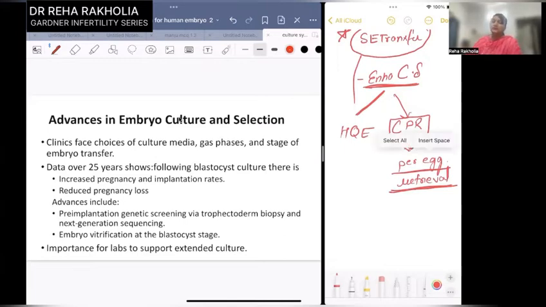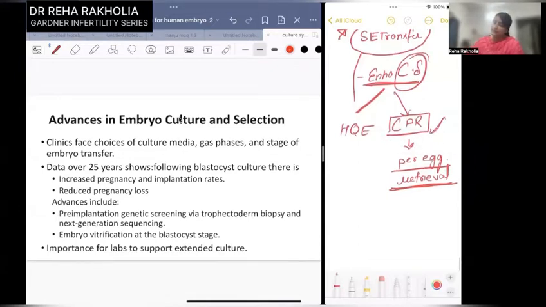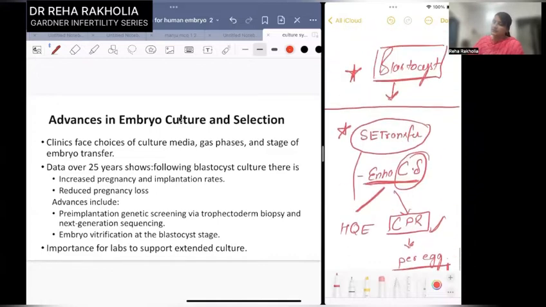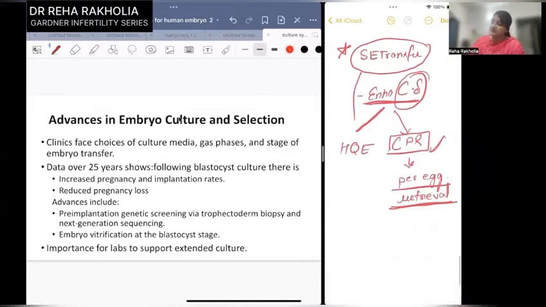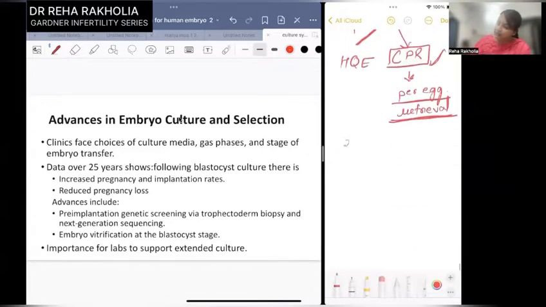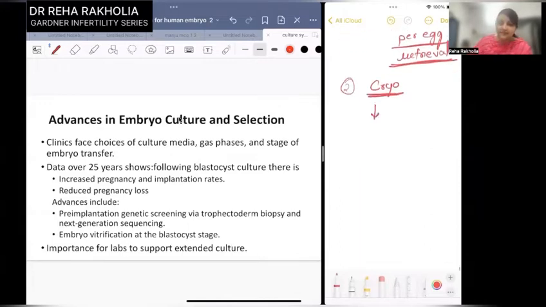Then this culture system also has an effect on cumulative pregnancy rate. Okay, first we learn about culture system. The culture system has improved, that's why we are able to do SET. Second is cryopreservation. The cryopreservation program has improved. Why is it important?